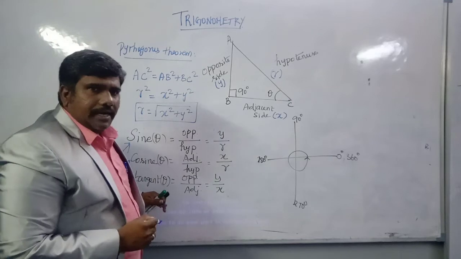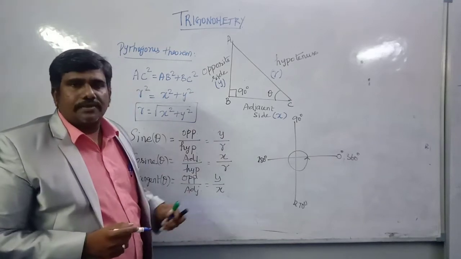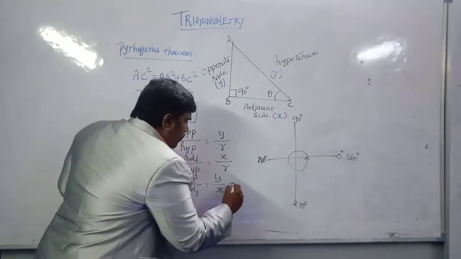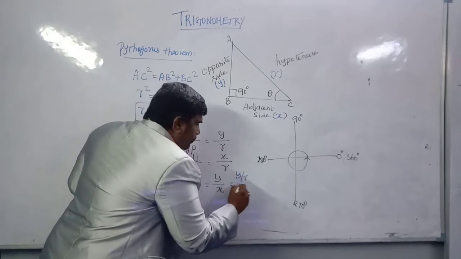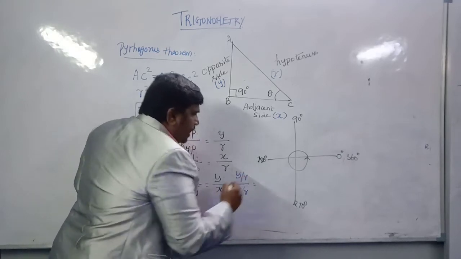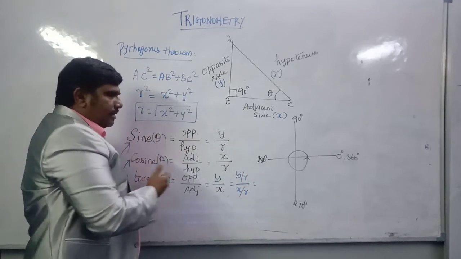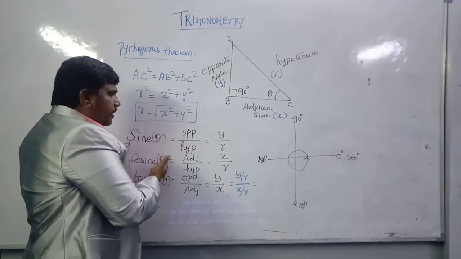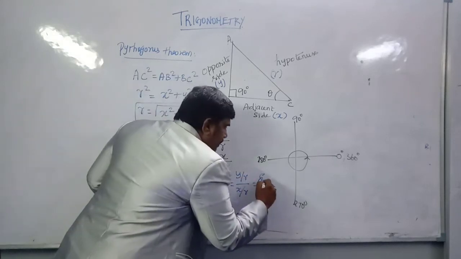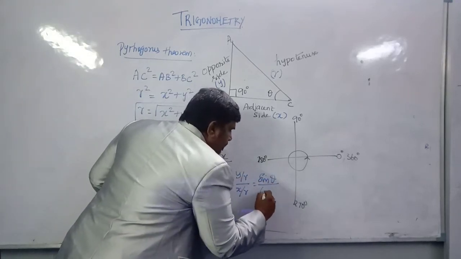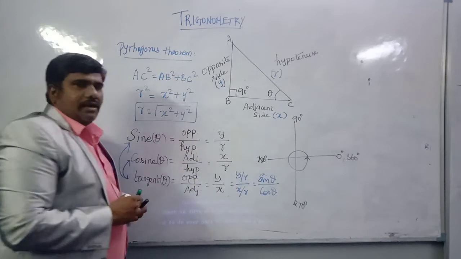We can denote tangent in terms of sine and cosine. If you divide the numerator and denominator by r, then y by r is sine and x by r is cos. So tan theta is sine theta by cos theta.